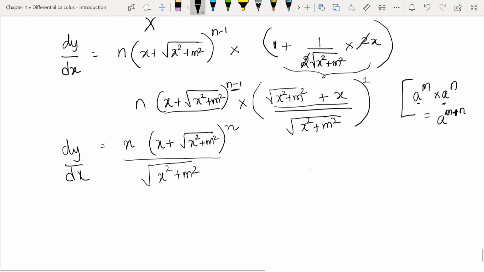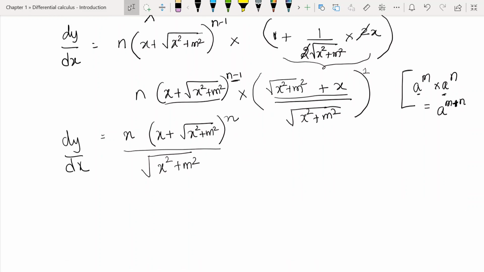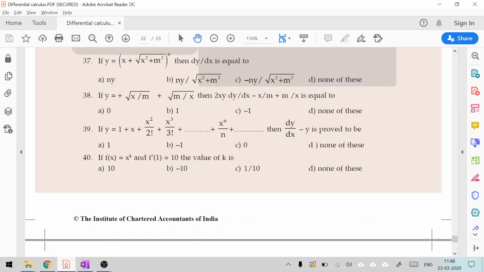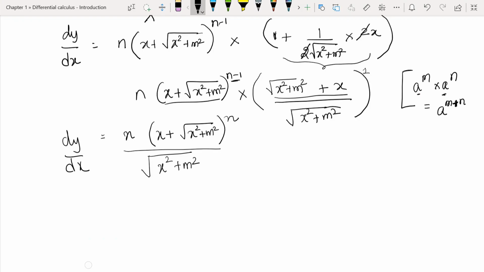Now before I proceed further on this, I should check my options. What do my options say? In my options, I have ny by this, minus ny by this. Okay, so let's look at this.